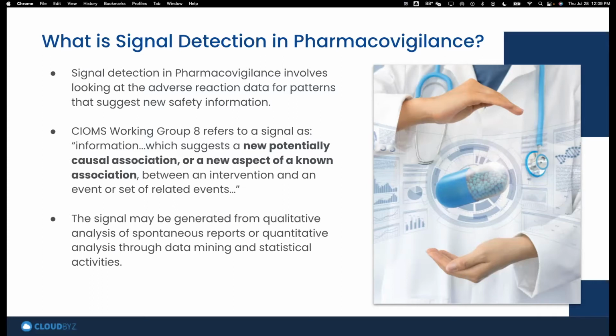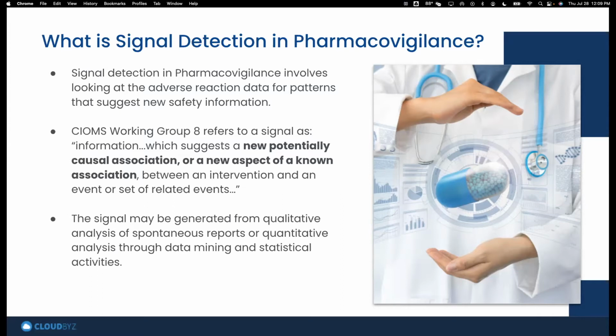That is an example of a signal, and certain statistical methods would tell us that this cluster of adverse events seems to be at a statistically significant level, such that given the numbers and the per capita, we think this is a new set of effects that are happening out there that we didn't plan for in our clinical trials.